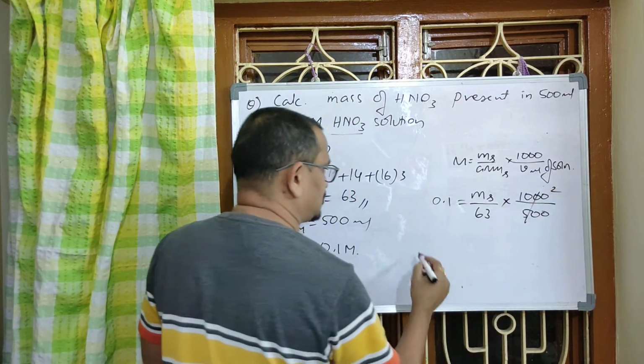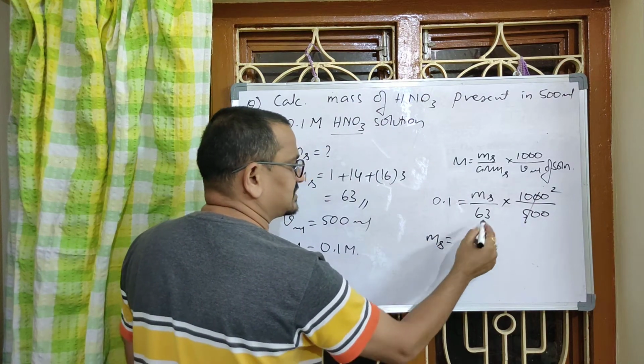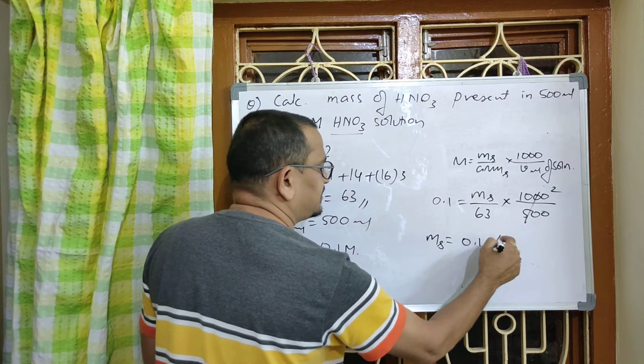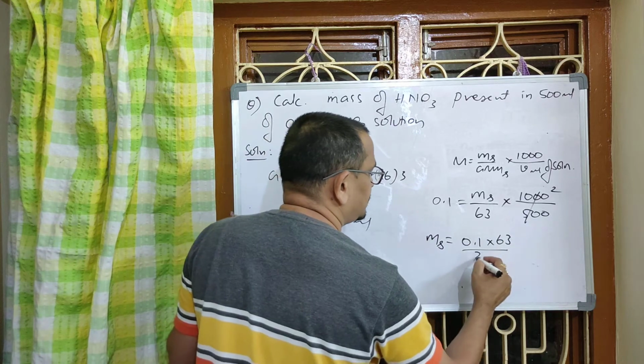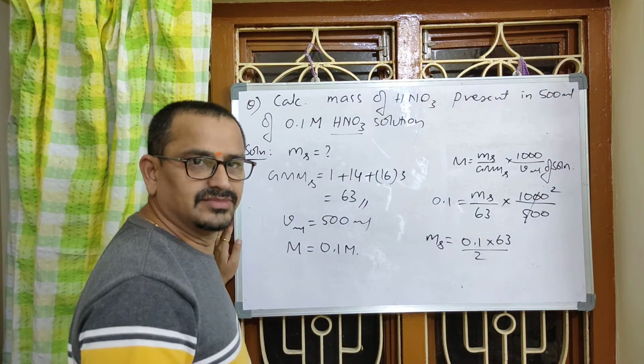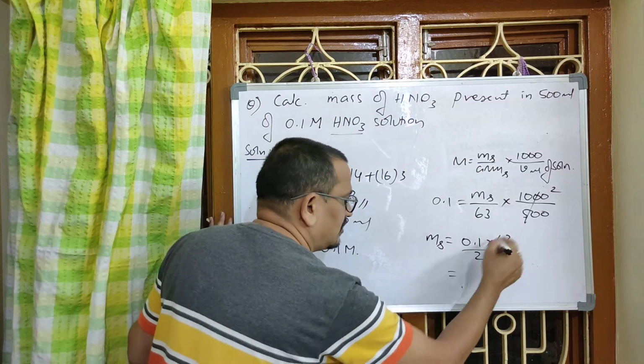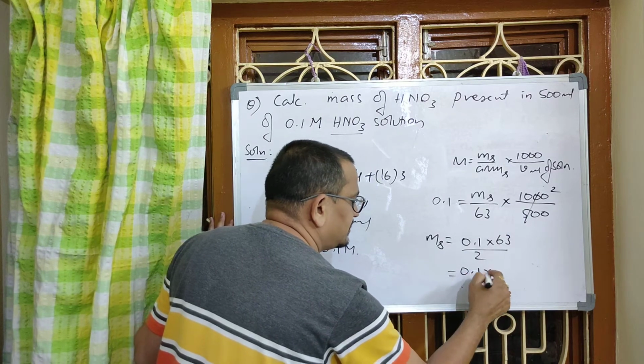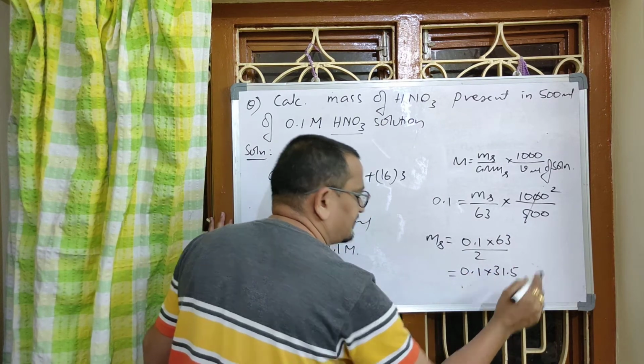On cancellation, this is 2. Then mass of solute is equals to 0.1 into 63 by 2. Right? 31.5, no? On cancellation, 0.1 into 31.5.